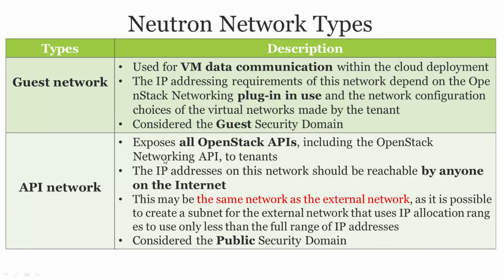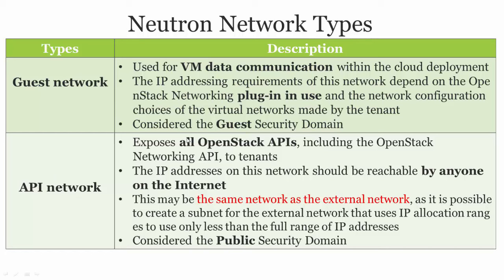API network exposes all OpenStack APIs, including the OpenStack Networking API, to tenants. It means that all OpenStack components must be connected to this API network, because users can access these OpenStack components using this API network.